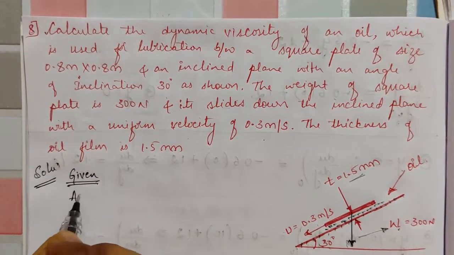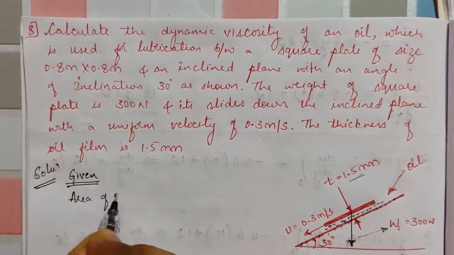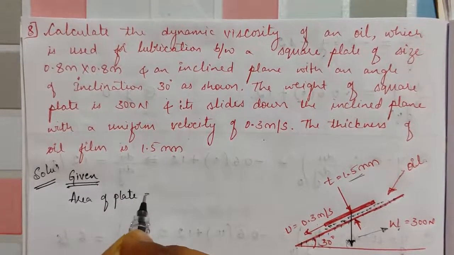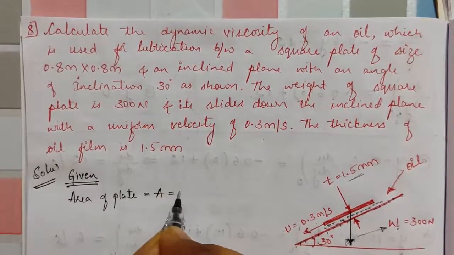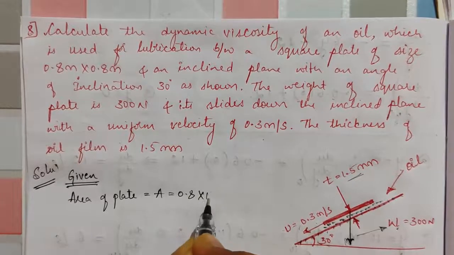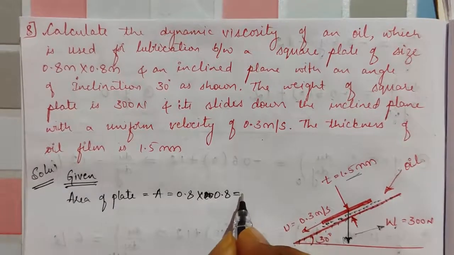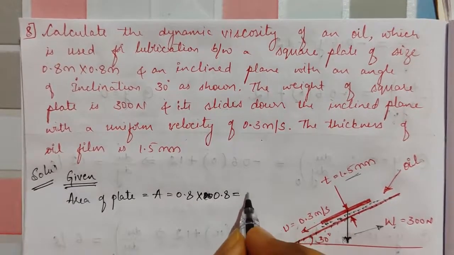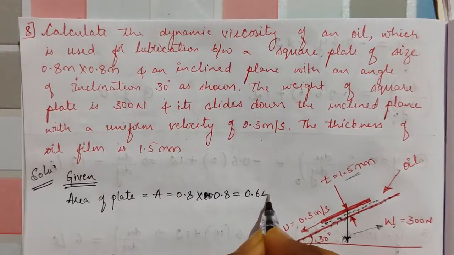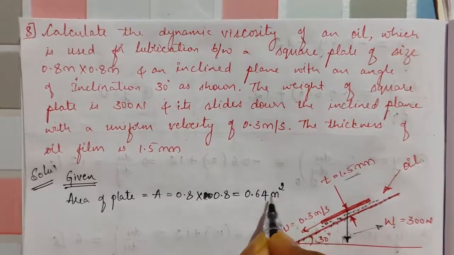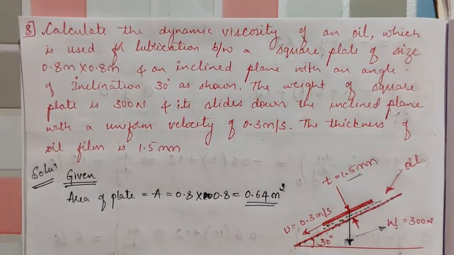Area of the plate, how much? 0.8 into 0.8. Okay, so I'll calculate it. That is 8 eights are 64. So 0.64 meter square is the area.